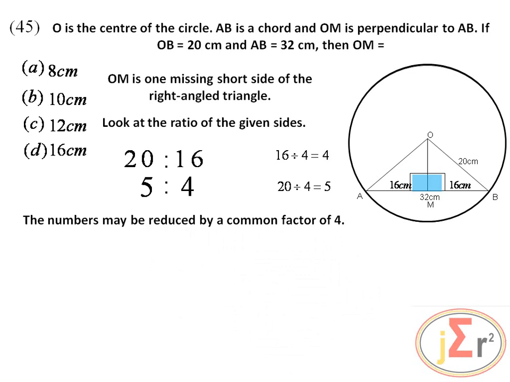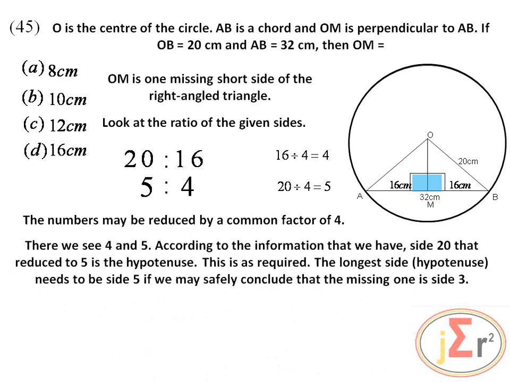But it is not legitimate unless the longest side, which is side 5, is actually the hypotenuse. There we see 4 and 5. According to the information that we have, side 20 that reduced to 5 is the hypotenuse. This is as required.